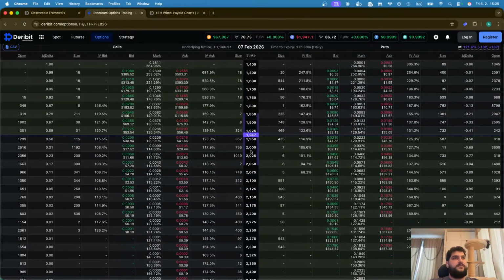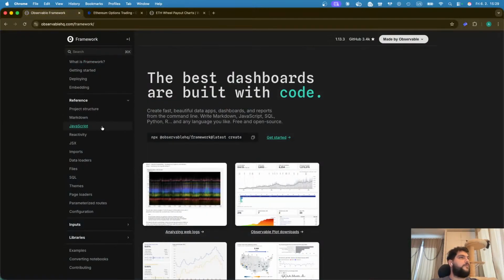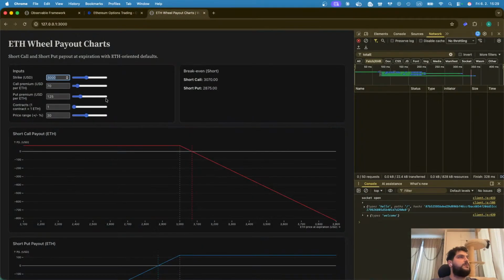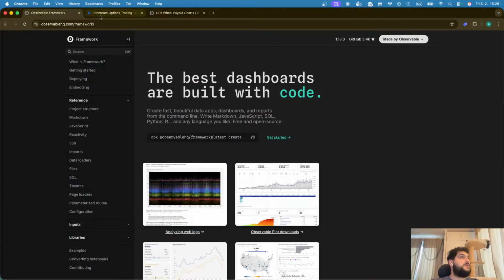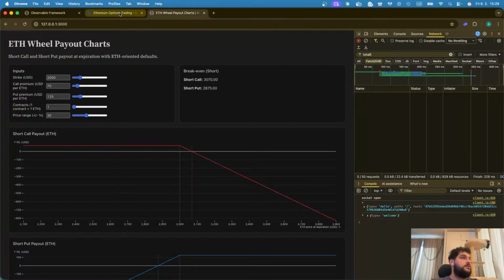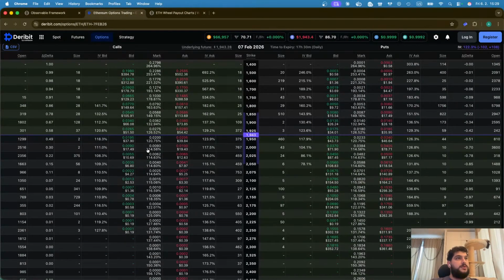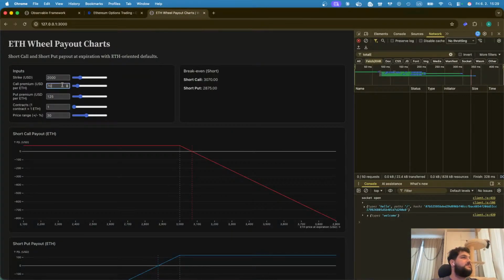So let's say we have this, where is it, strike 2000, for example, full premium is, what is it, dollars, USD, yes. It's around $19. Doesn't change.